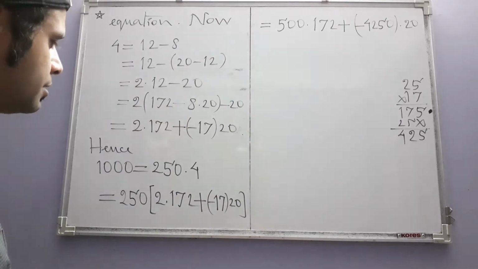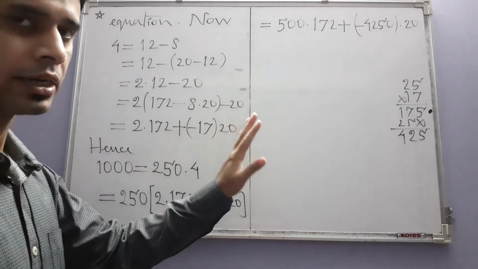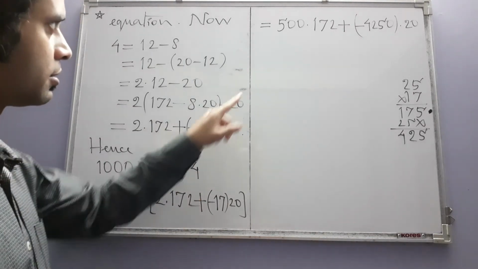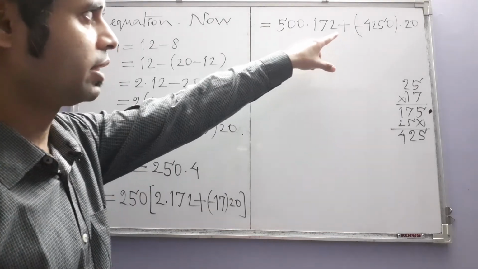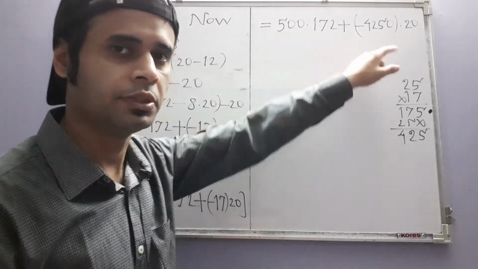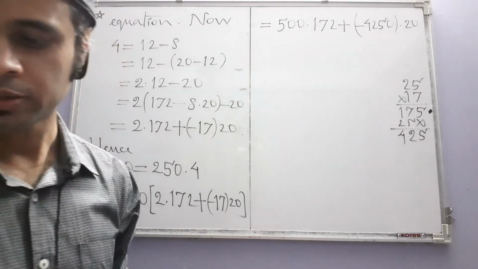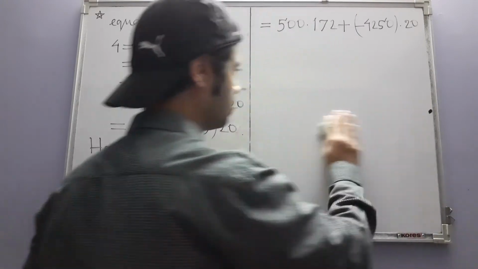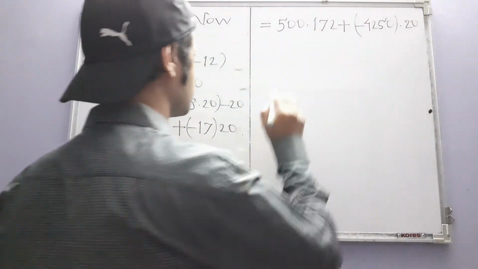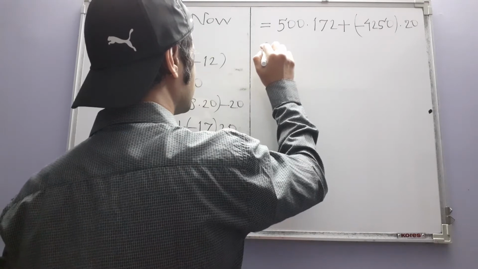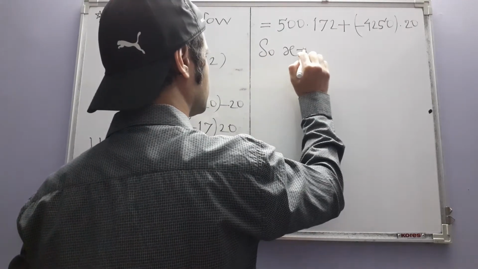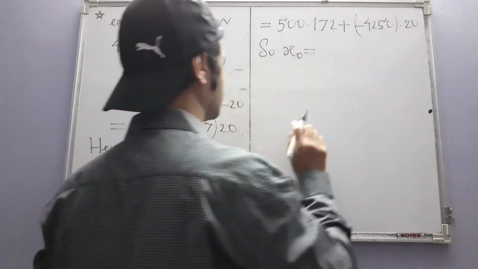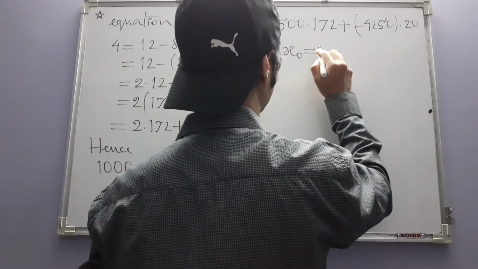Okay, so this final equation gives us a particular solution, and that particular solution is x equal to 500 and y equal to minus 4250. And from this particular solution we will be able to write down all the solutions. So let's maintain the notation we used in the actual theorem.